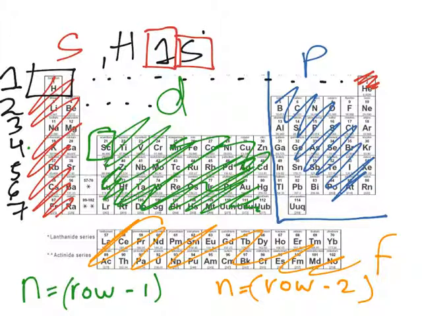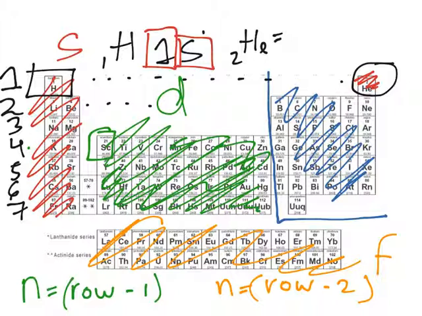So now you know how to get the n. And finally, the way you get the number of electrons is you simply count. So I said hydrogen. Let's go with helium. Helium is right here. It's 2. You can just write its atomic number. It says it there.